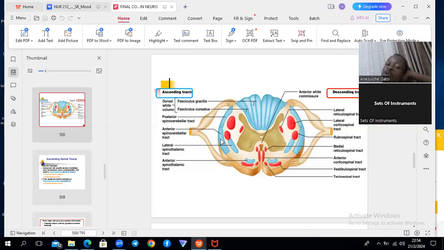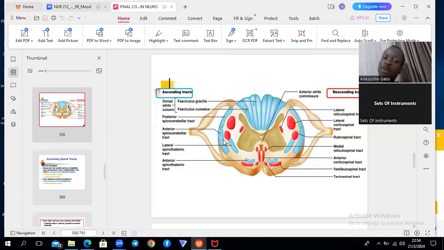The ventral spinocerebellar tract, also known as the anterior spinocerebellar tract, will make a mistake of crossing at some point in the spinal cord, but when it reaches the level of the superior cerebellar peduncle, it crosses again to go to the same side where it came from, making it an ipsilateral tract again. So tracts going to the cerebellum have to remain ipsilateral because the cerebellum controls the same side of the body.